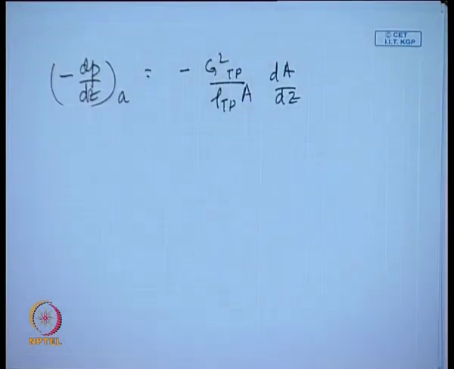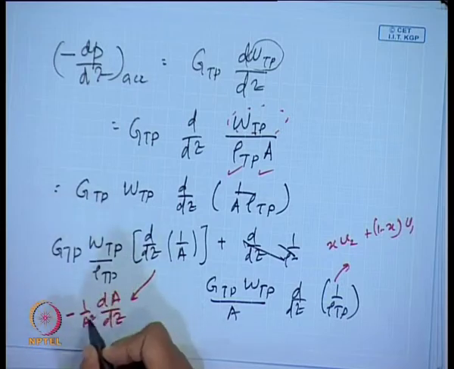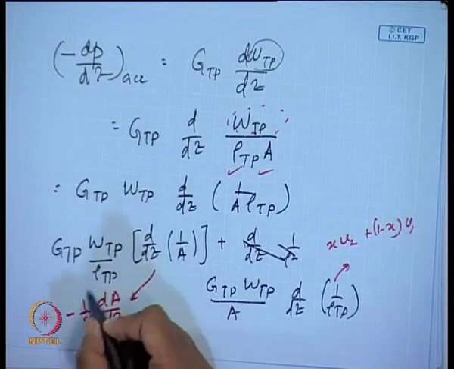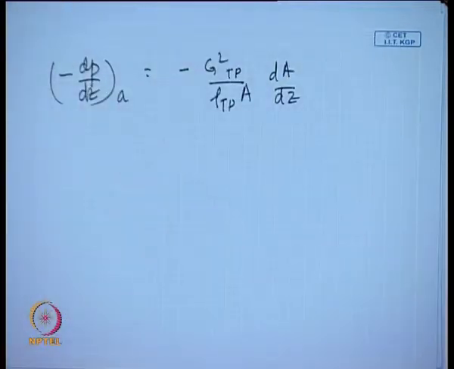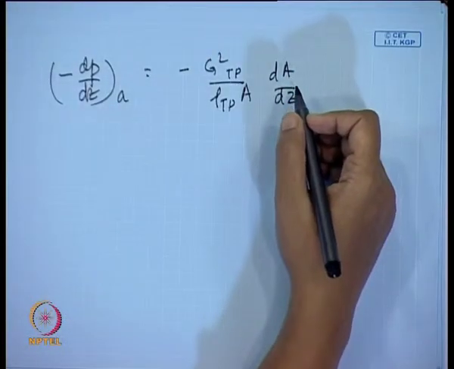One of the A's has been taken up here, one of the A's has been taken up with W_TP to give you a G squared, and one of the A's is remaining. Okay?